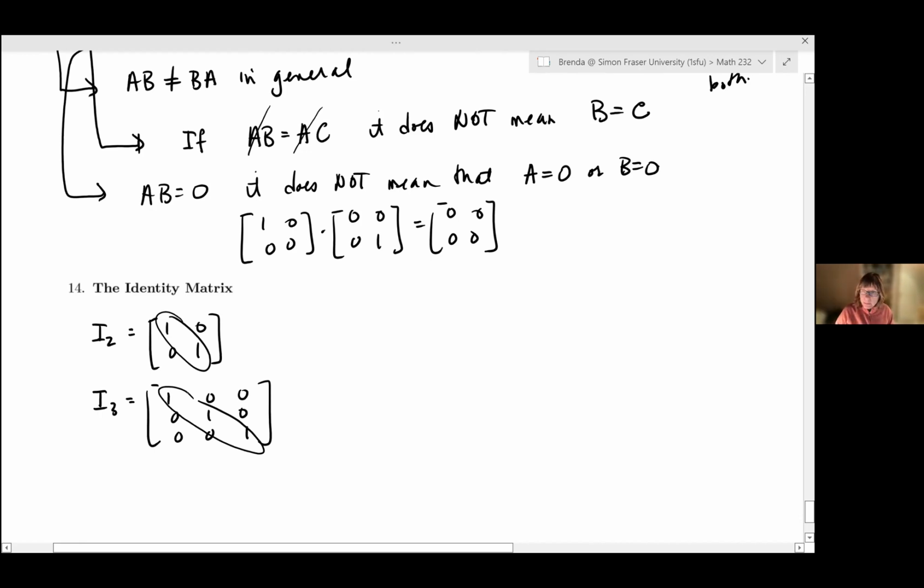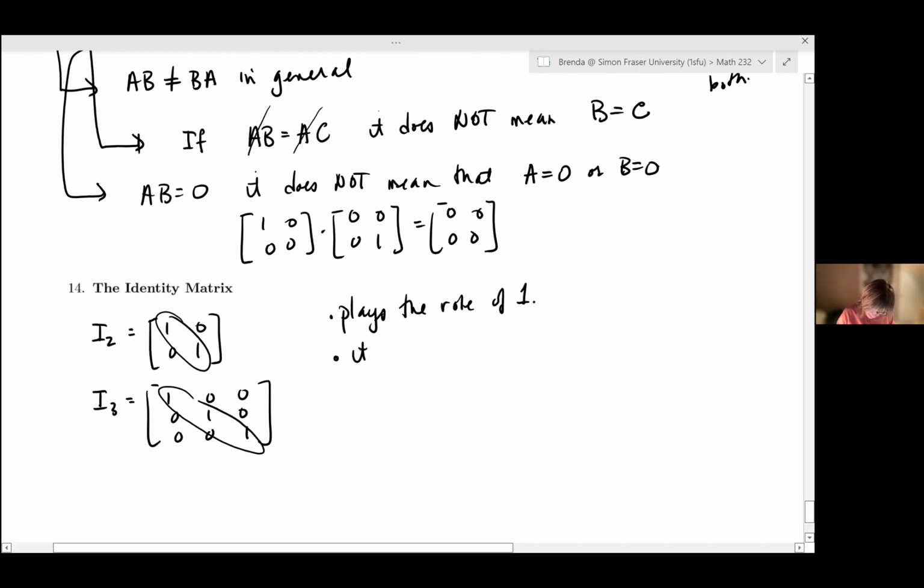This guy plays the role of 1 in matrix land. Okay, 1 is the multiplicative identity for our numbers. I at the correct size is the multiplicative identity for matrix multiplication.